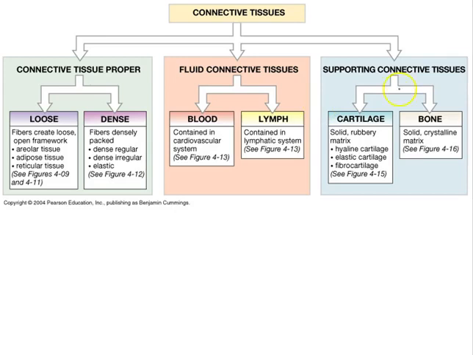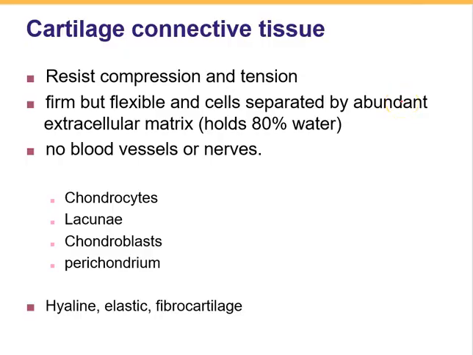Okay, now it's time to go over the supporting connective tissue, as we have cartilage and bone. Let's start with the cartilage. Cartilage connective tissue is a tough and flexible connective tissue that resists both compression and tension. It's firm, but it's flexible, providing structural support while allowing for movement.